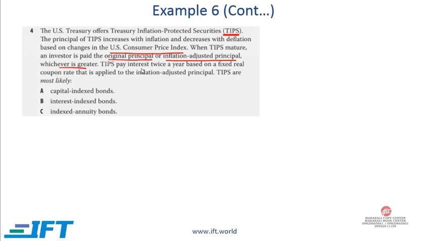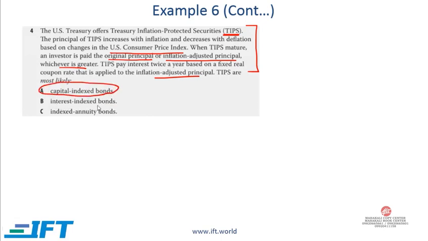TIPS pay interest twice a year based on a fixed real coupon rate that is applied to the inflation adjusted principal. So this is actually a very good definition of TIPS, and if you have been paying attention, you will recognize that this is called a capital indexed bond.